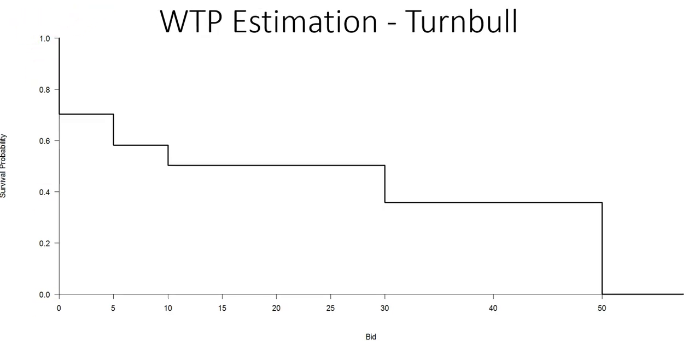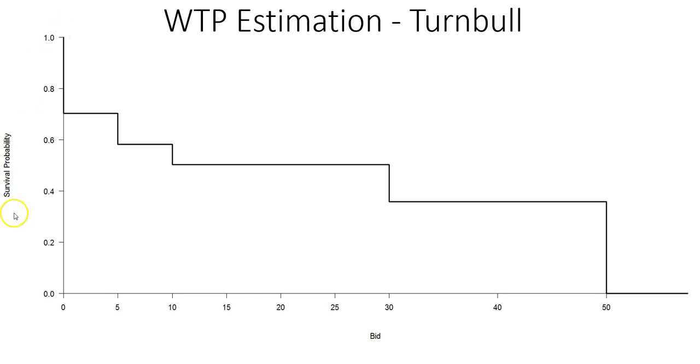This is a survival probability curve that plots the percentage of for votes, going from 100% up here at 1 to 80%, 60%, 40%, 20%, all the way down to 0%, against the bid or the cost amount.